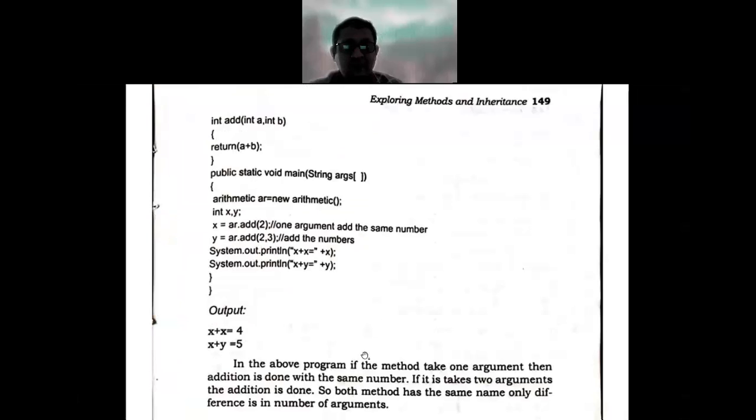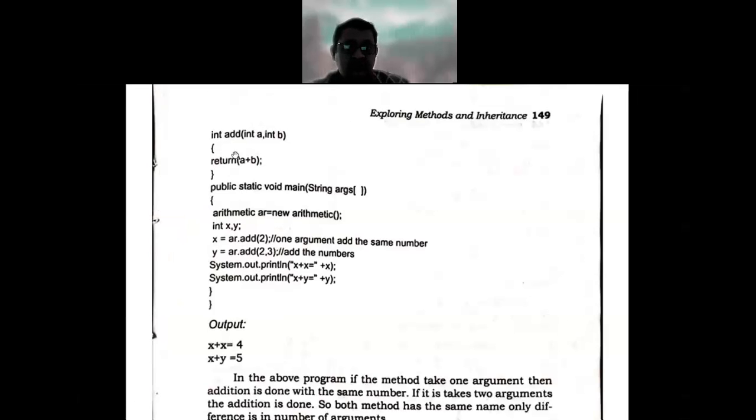Similarly we can have class Arithmetic, where int add with int a returns a plus a, and int add with int a and int b means return a plus b, and within main we can use them as x equal to ar.add 2. Here ar is the object of the class Arithmetic, so 2 plus 2 will be 4, then y equal to ar.add 2 and 3, it will be automatically called.